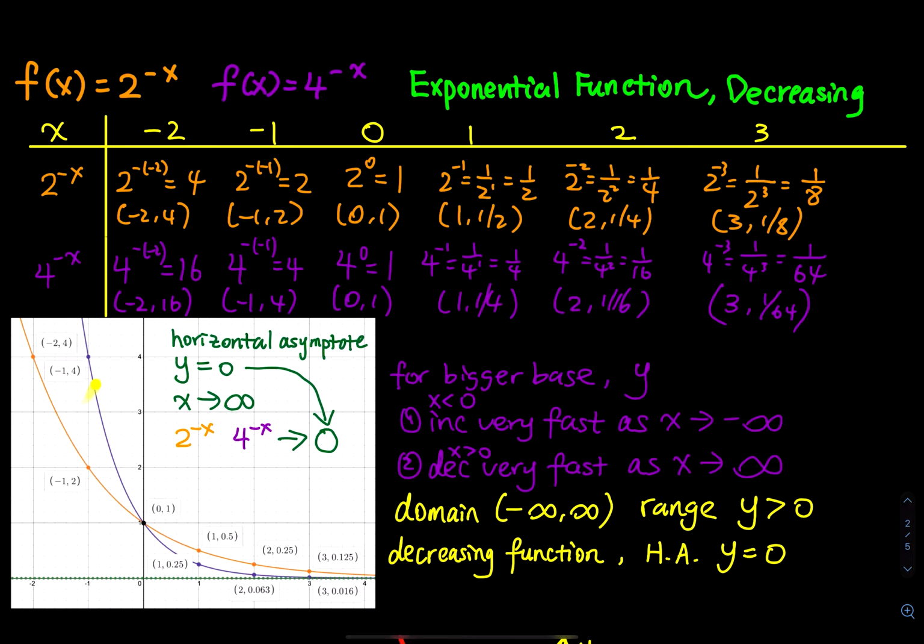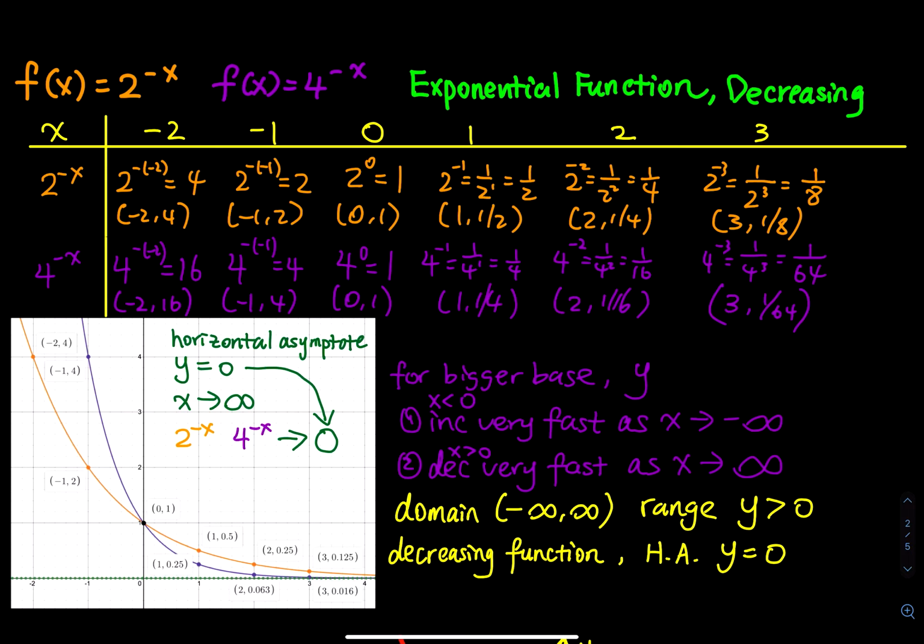So when x is equal to negative 1, the purple is equal to 4 and the orange is equal to 2. So when x is less than 0, the purple function, the one with a bigger base, goes up much faster compared to the orange function.